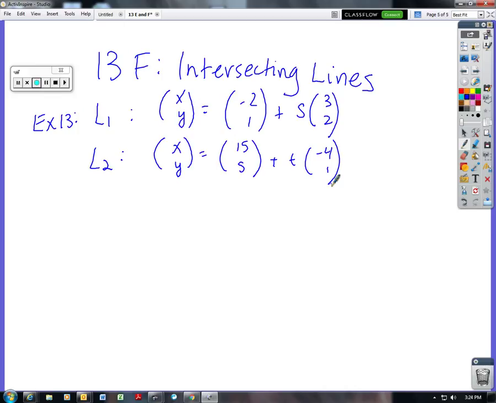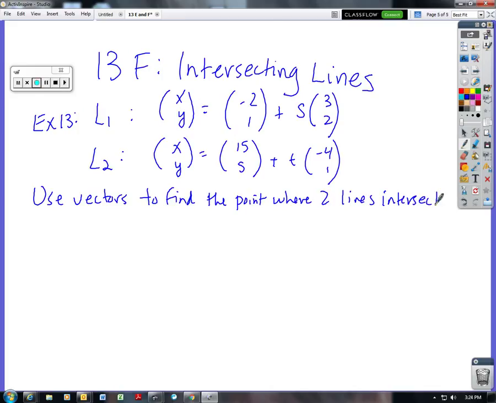Use vector methods to find where the two lines meet. So that'll be a point, the point where the two lines intersect. I'm going to sound even fancier than they did.